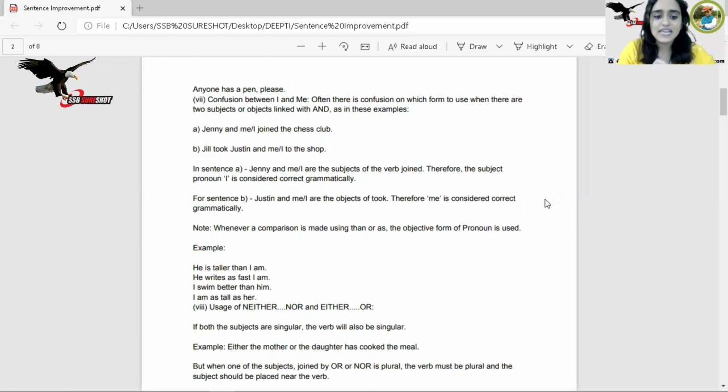See, in sentence A, Jenny and me / I are the subjects of the verb joined. Subject is the one who does the action and object is the one on whom the action is done.